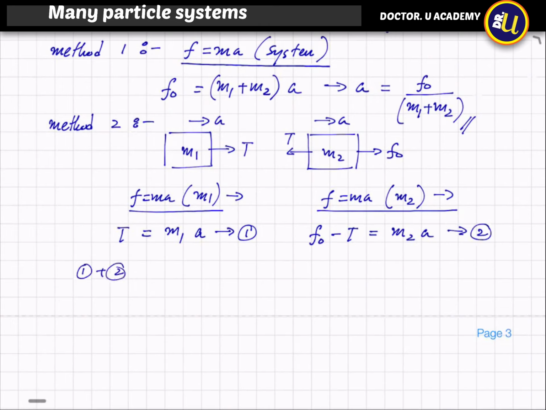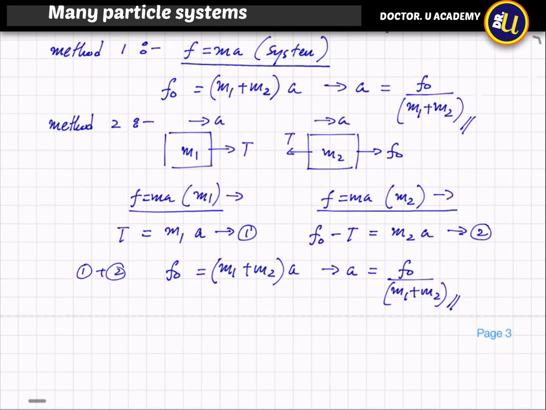You can see T and minus T are going to cancel. So you get F0 is equal to M1 plus M2 times A. From there you get A is equal to F0 divided by M1 plus M2. So from there also you can find the acceleration, and you get the same answer.